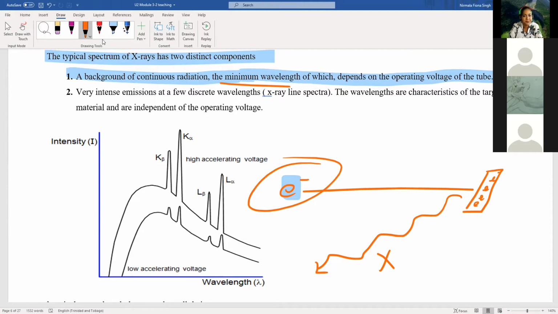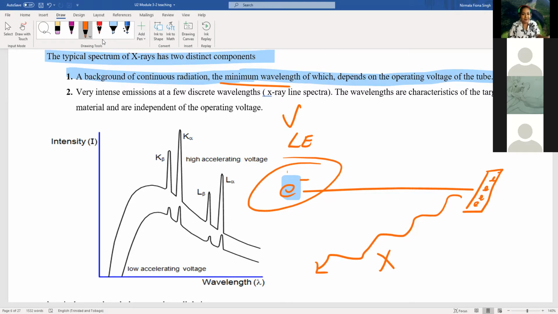Y'all, this is simple physics now. If I hit these electrons here with a very low energy electron, that means there's less energy for them to absorb, using the law of conservation of energy. And how do we get energy in an electron? We use a high voltage or a low voltage. See how all your physics is going to come into play now?